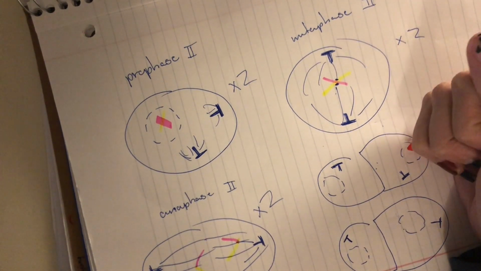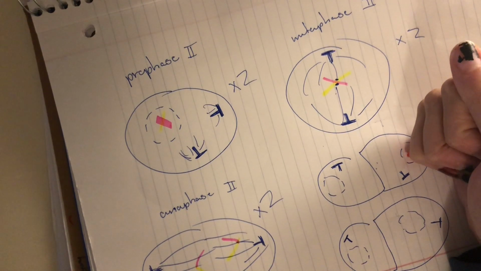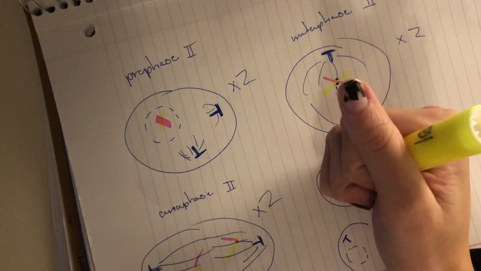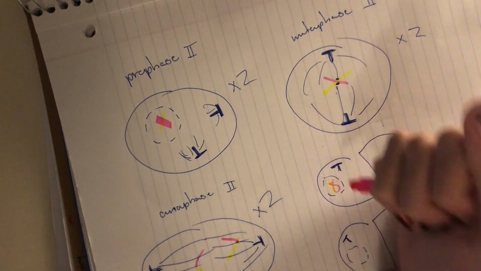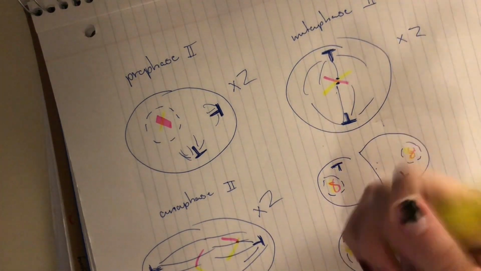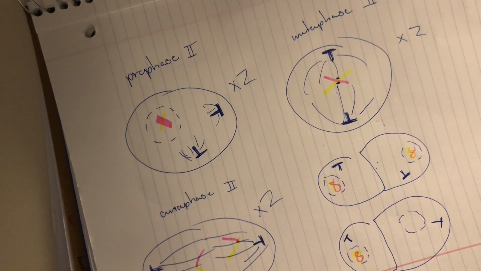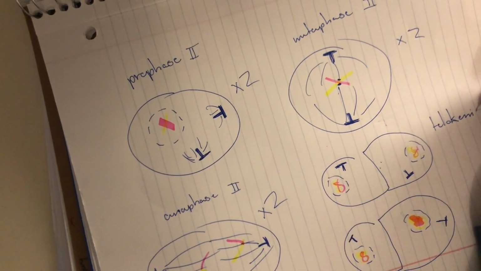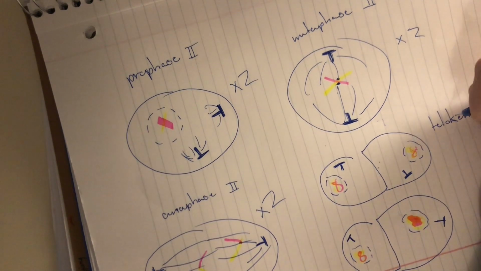We have all this unique DNA because of the crossing over that occurred. In each of these cells, our chromosomes are starting to decondense. The nucleolus pops back up too, just like in telophase.